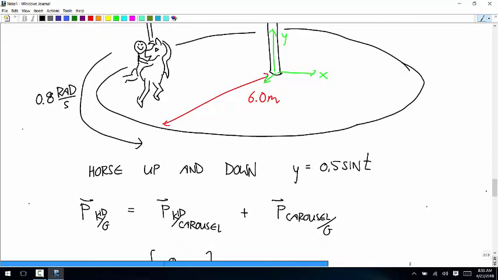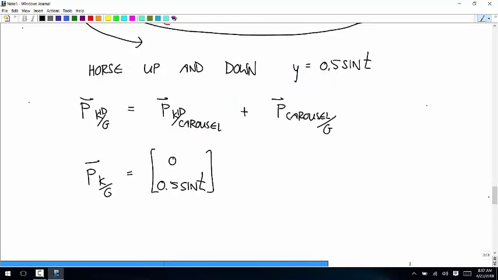And what's the position of that spot on the carousel, the floor of the carousel under the horse? What's its position relative to the ground?